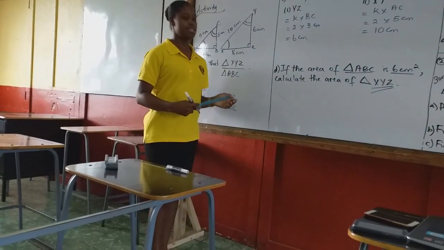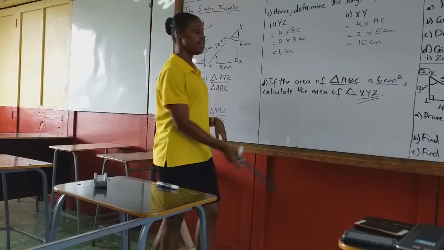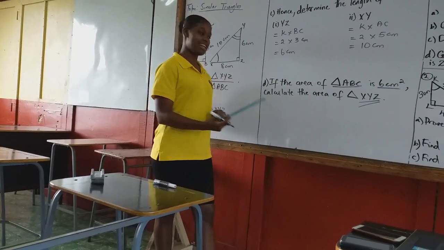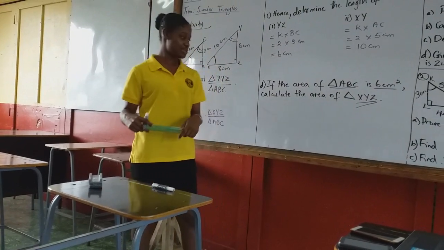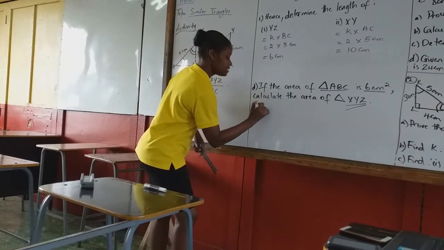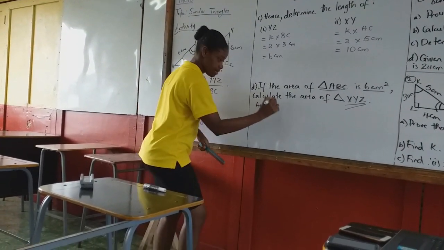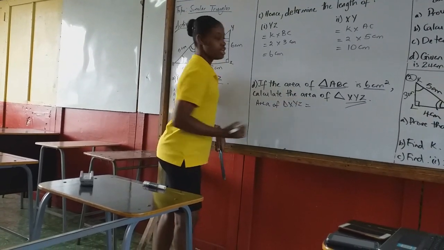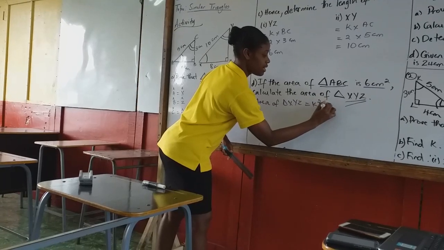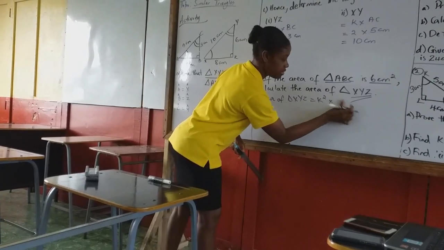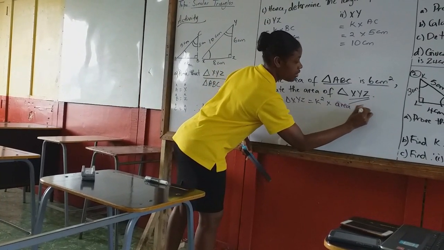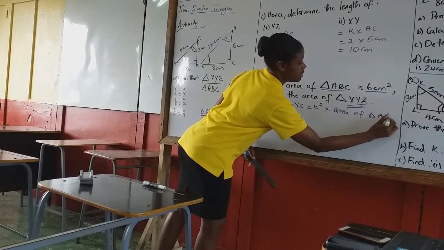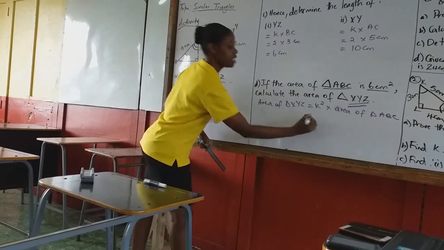Part D of the question is asking us to find the area of triangle XYZ, given that the area of triangle ABC is 6 centimeters squared. The area of triangle XYZ is going to be equal to K squared times the area of triangle ABC.